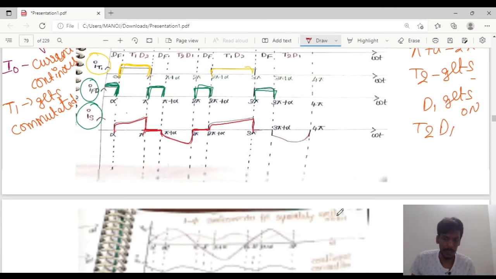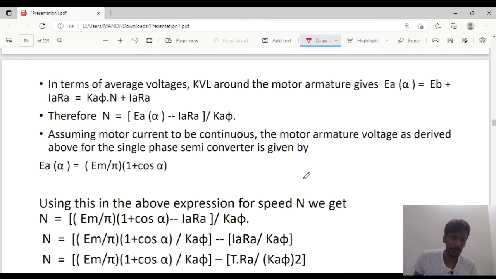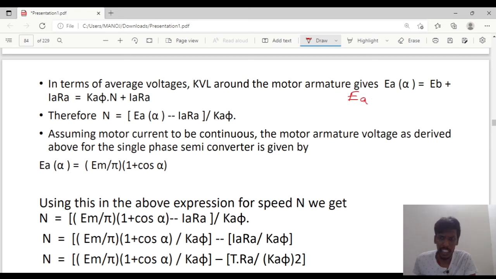Now if you take the torque and speed characteristics and the voltage equations, the voltage EA at an angle alpha equals EB plus IA RE. Back EMF is also known as Ka phi into omega, no?